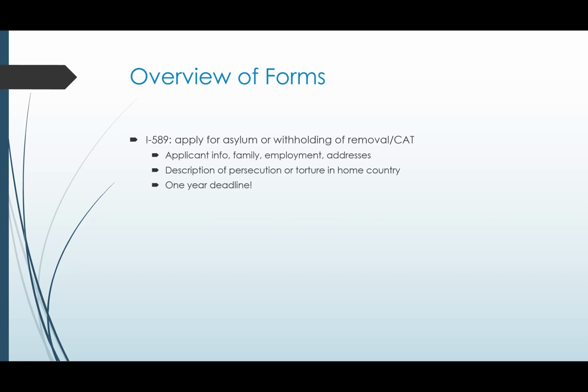And so if they're not in proceedings, we take the same form, the I-589, and send it to USCIS. And it is first adjudicated by USCIS. So the asylum application can be either an affirmative, as in going to USCIS, or a defensive, going to the immigration court form. Either way, it's a different kind of form that asks very different kind of questions, and I want to go over it in detail.